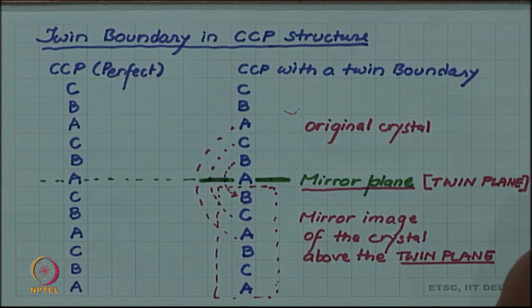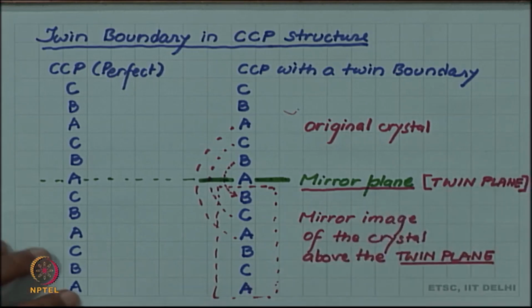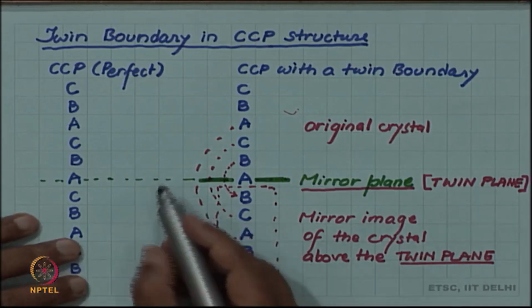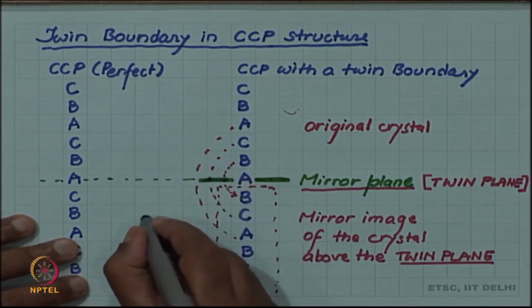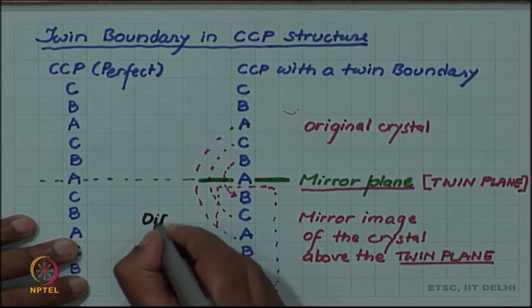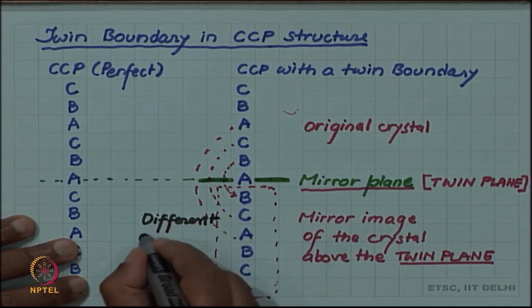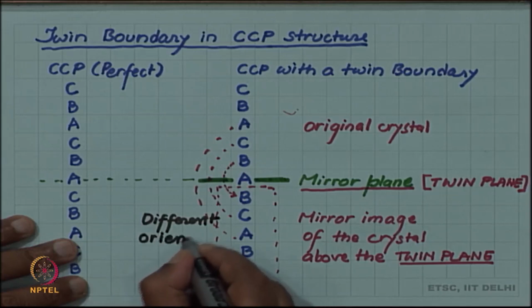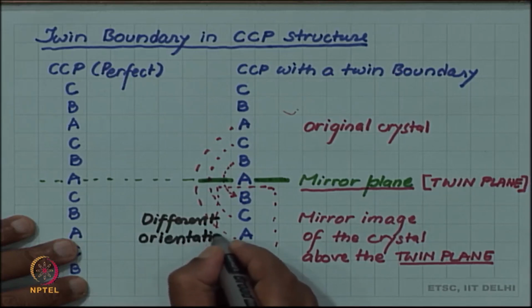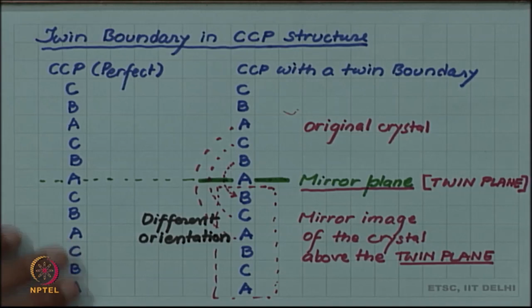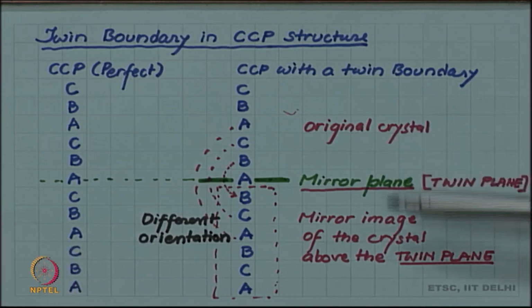This changes the orientation. Unlike in the stacking fault, the orientation here is not the same. So, this is a different orientation, and the two orientations are related to each other by mirror reflection.